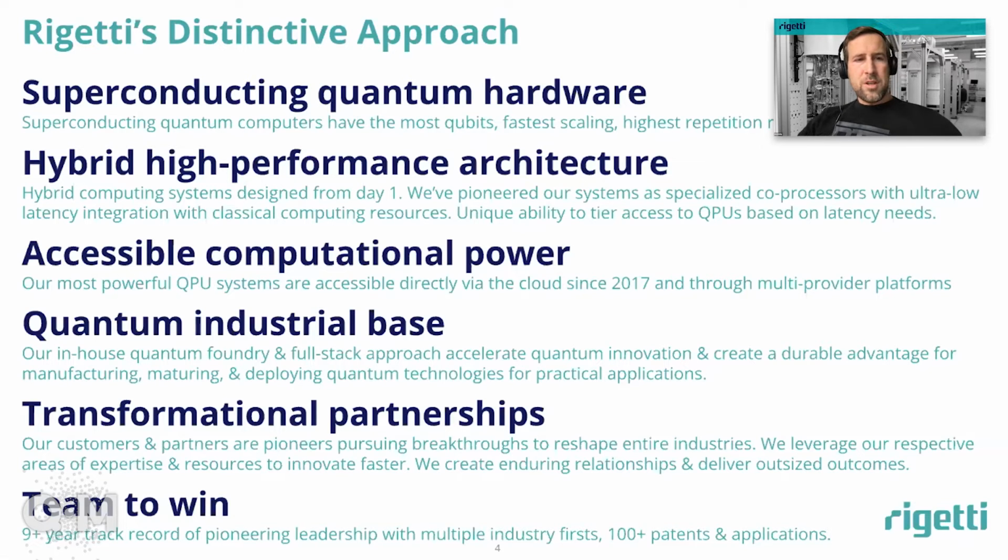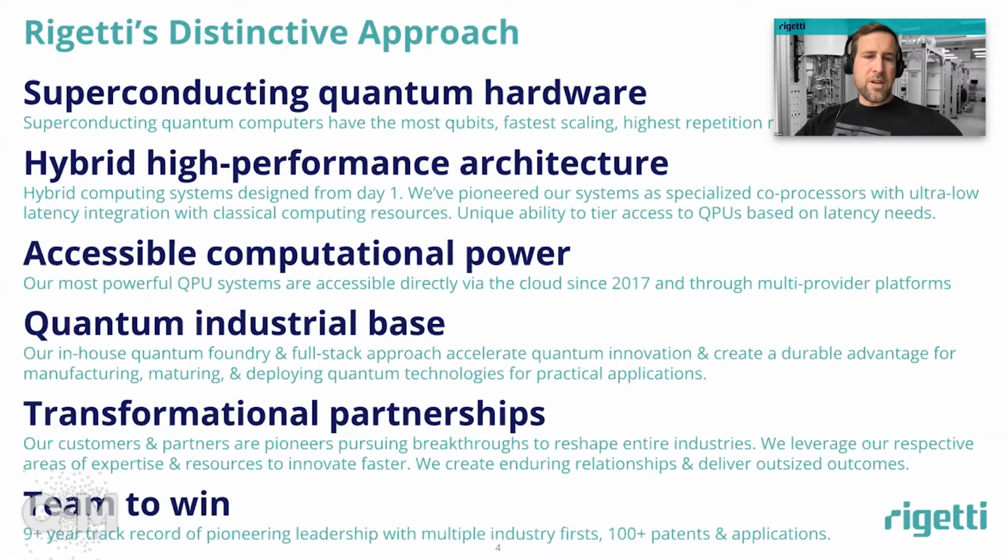So as I mentioned, we really see high performance compute as critical here. And that's been a focus from day one for Rigetti with our integrated QPUs and CPUs back in 2017. We put our flagship devices online for our customers. We don't hold them back. And so the best devices that our teams, our algorithm developers, are using are the ones that customers and partners can use as well.